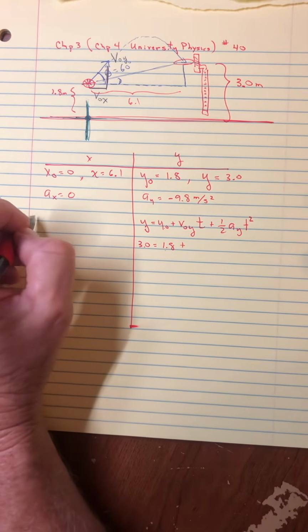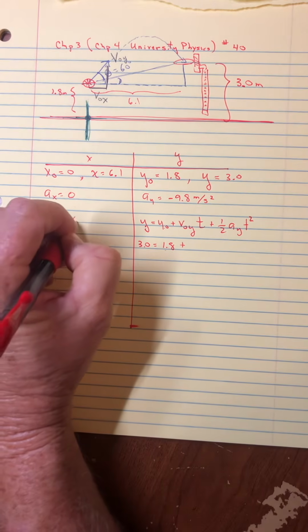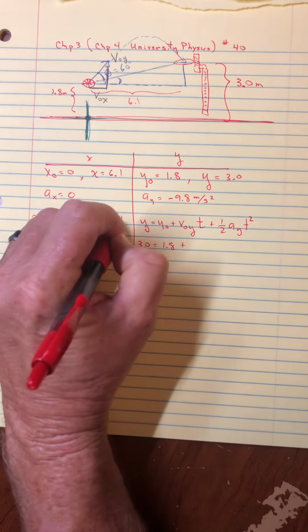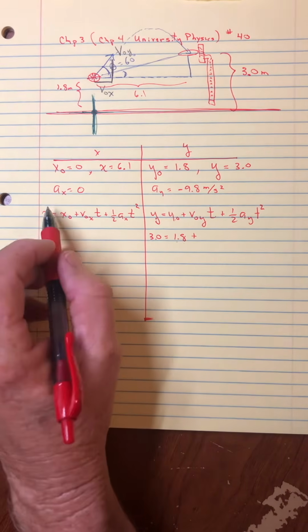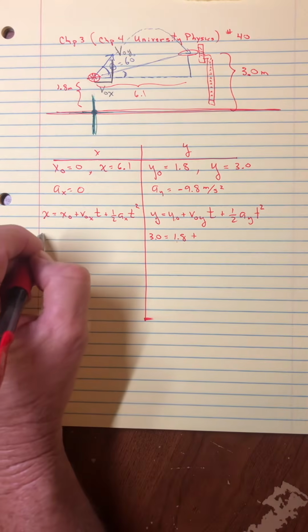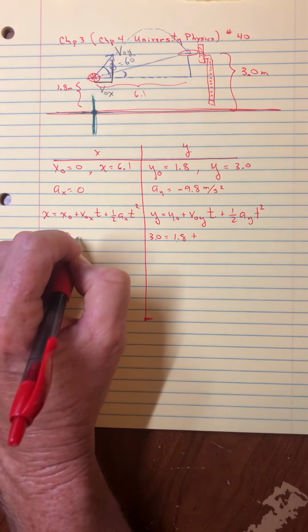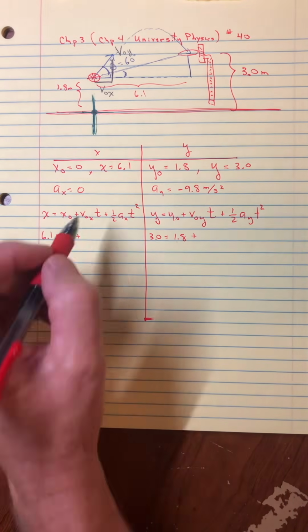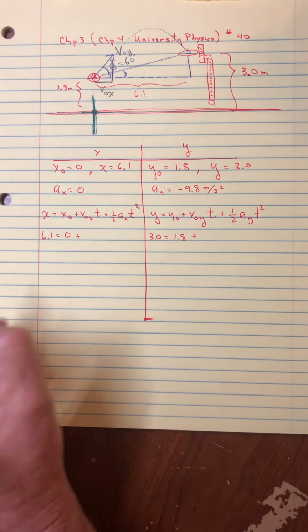So again, when I write out this equation, x equals x naught plus initial velocity x times time plus 1/2 a x t squared, and I put in my numbers for x, 6.1 and 0. And let me pause right there like I did in the y direction. Now I can get these initial velocities.